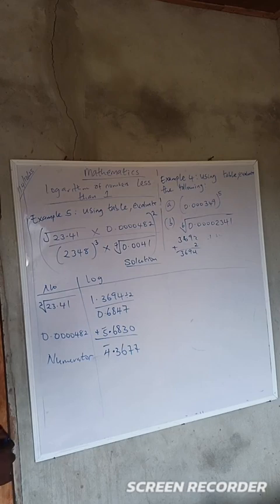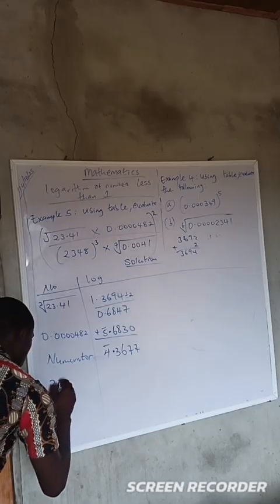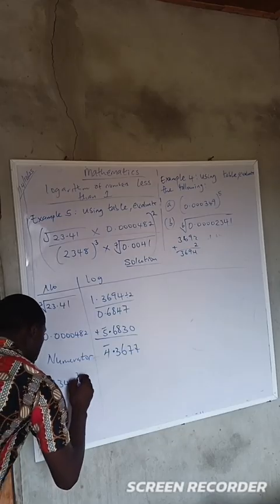So the value we have at the denominator is what you have here now. The first one is 2348. 2348 raised to the power of 3.